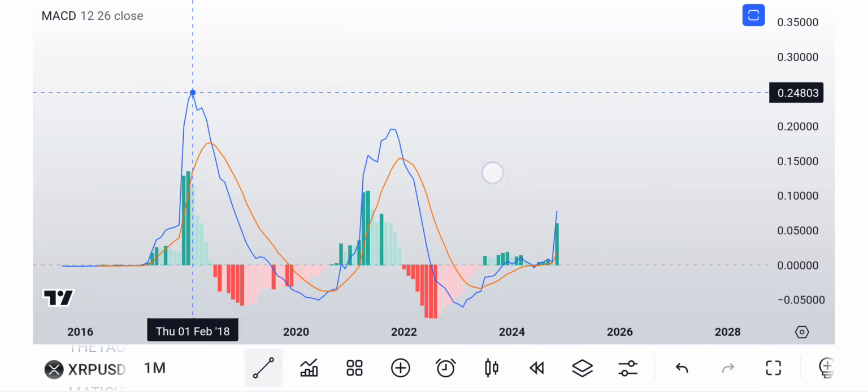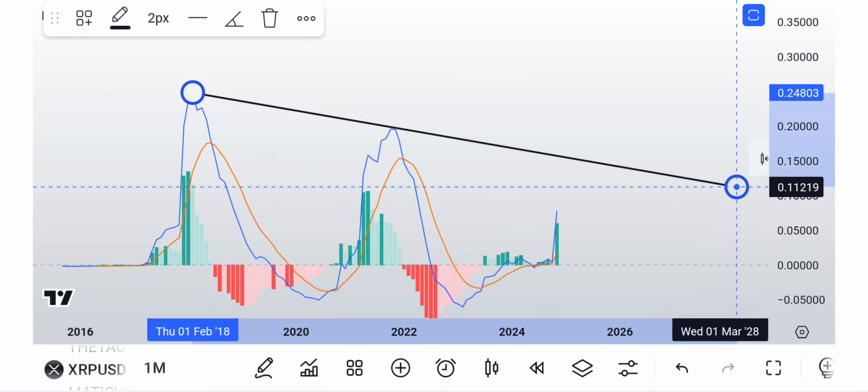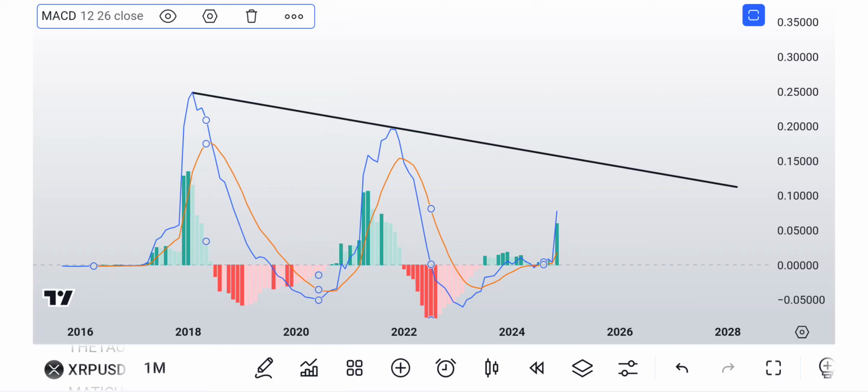Once we hit this trend line, that's when things are going to get a little bit dicey, right? Can we break it? When we get up here, let's say we're only at $4, it's going to be a tough one because you have to respect the MACD trend line, unless we can break out of it. I think we will break out of it.